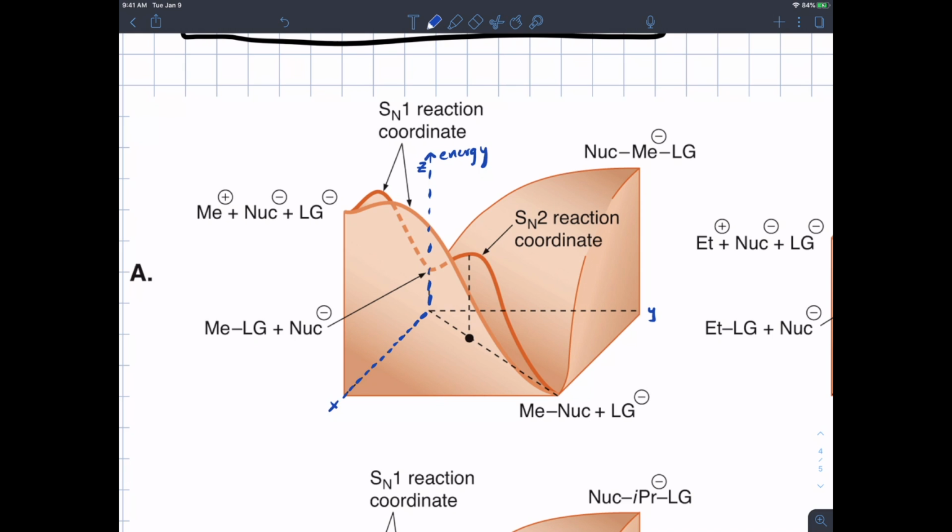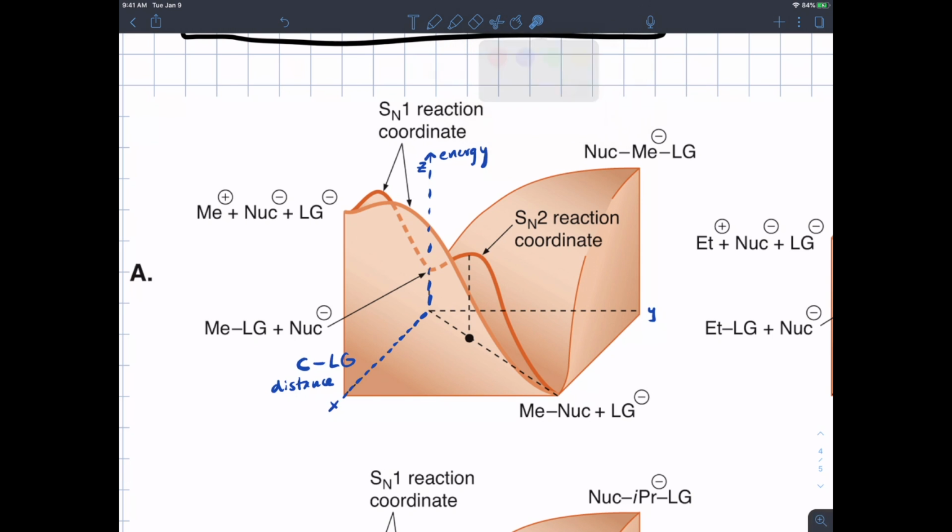The X-axis represents distance between carbon and the leaving group. These are substitution reactions, okay? Carbon leaving group distance. So up here where X equals 0, now I got to change pointer colors again.